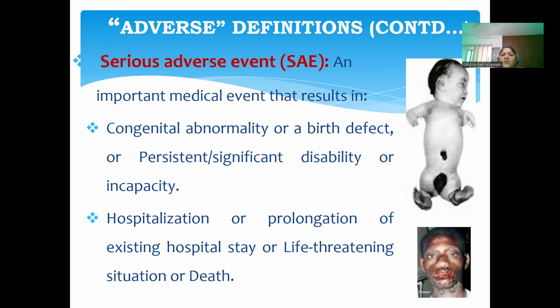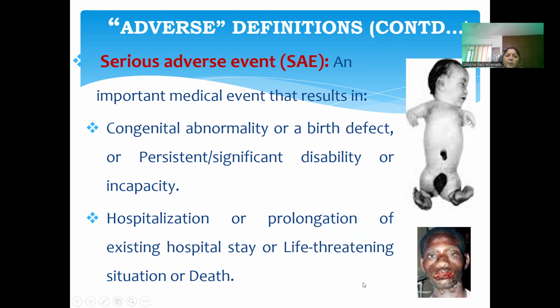Now, what are serious adverse events? This is an important medical event, such as one resulting in congenital abnormalities or birth defects. So you can see this child; I'll be explaining about this in the next few slides. Or it also may cause significant disability or incapacity.